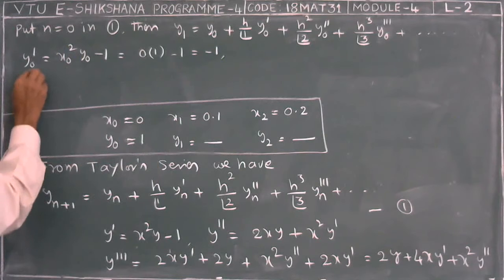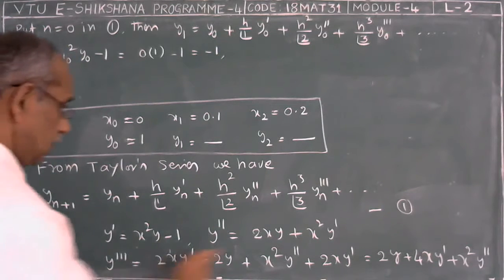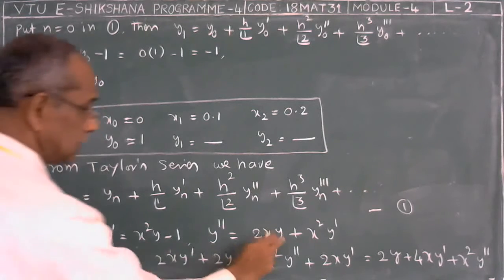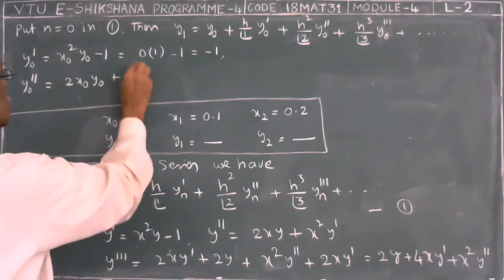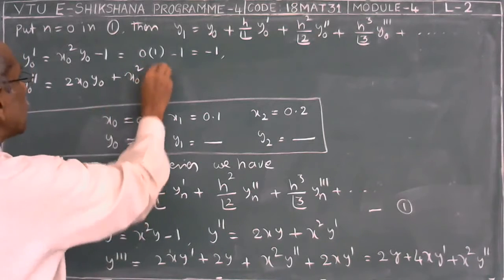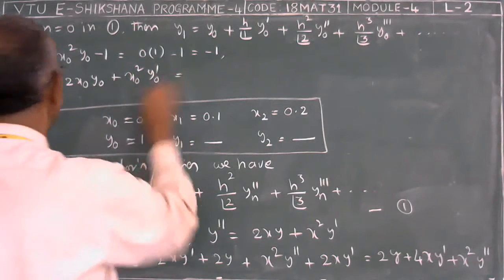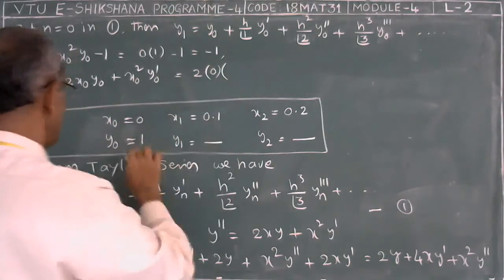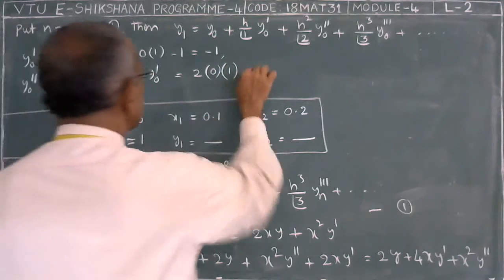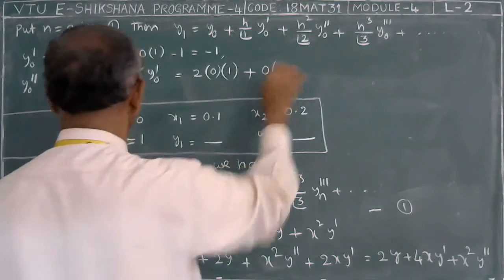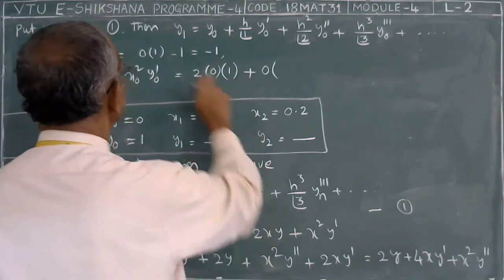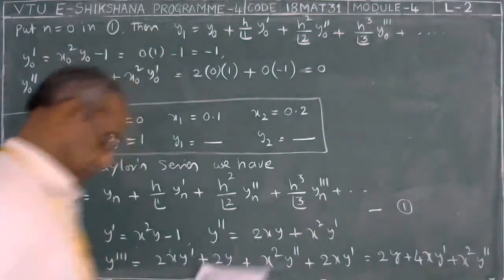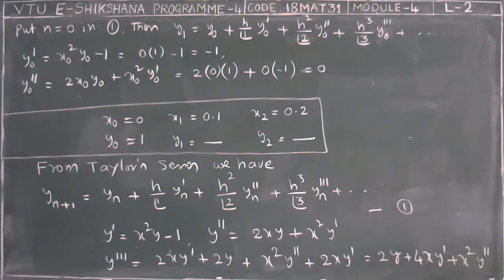Then y0 double dash is 2 into x0 y0 plus x0 square into y0 dash. Substitute the values: 2 into x0 is 0, so it is 0 into y0, y0 is 1, plus x0 square, that is 0 square is 0, into y0 dash is minus 1, so this is 0. This is 0. Okay.